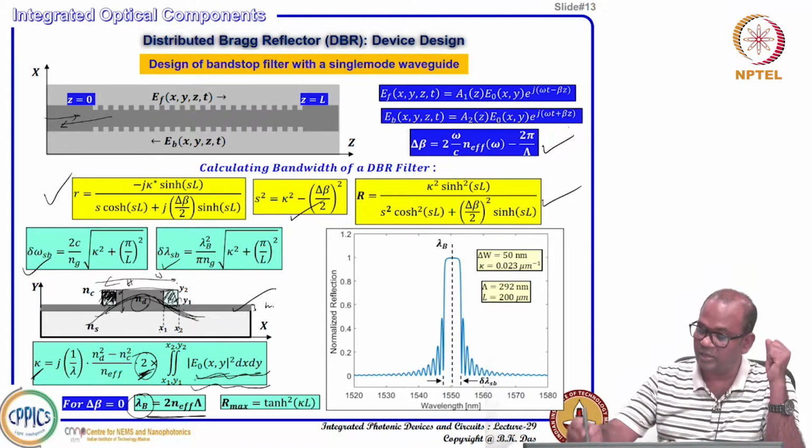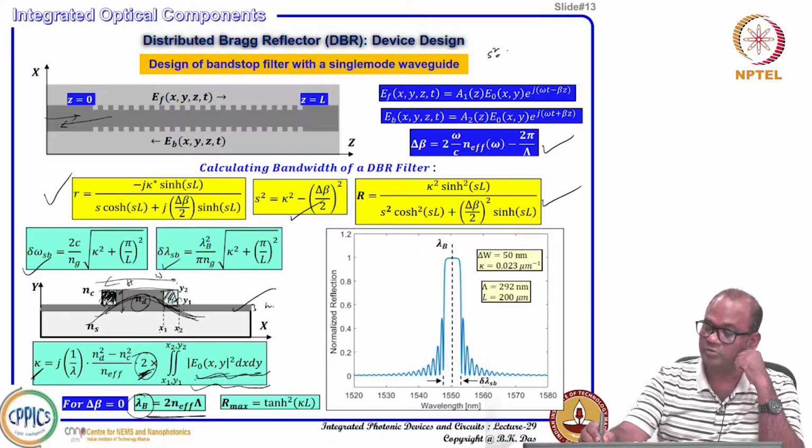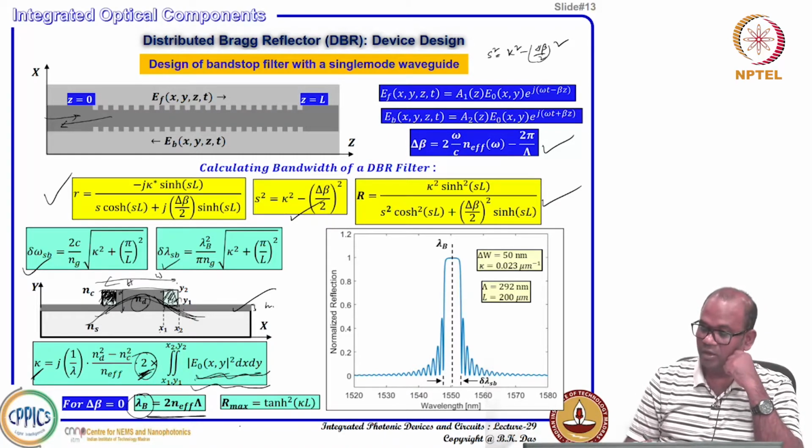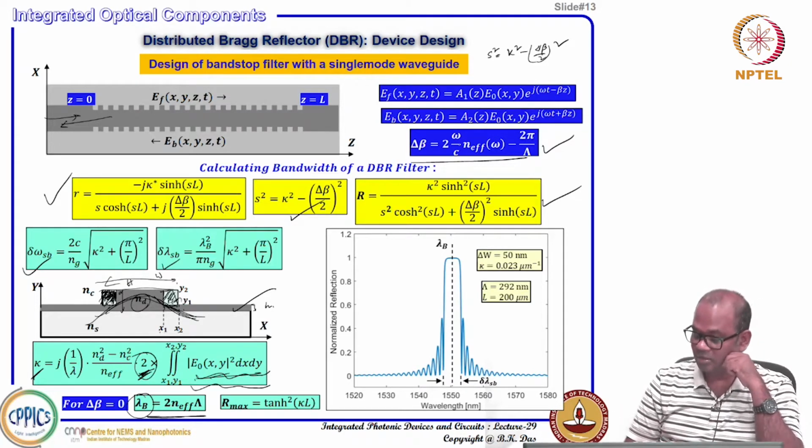Using this kappa value, this delta beta expression, and also the expression S square equal to kappa square minus (delta beta by 2) square, right. Delta beta is expressed in terms of omega, and omega can be expressed in terms of lambda.